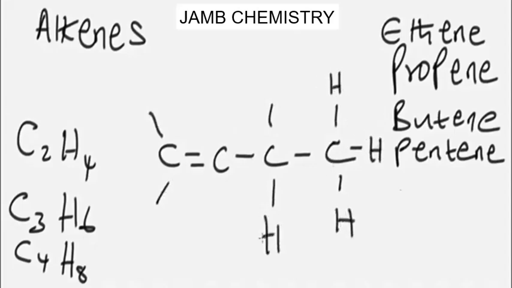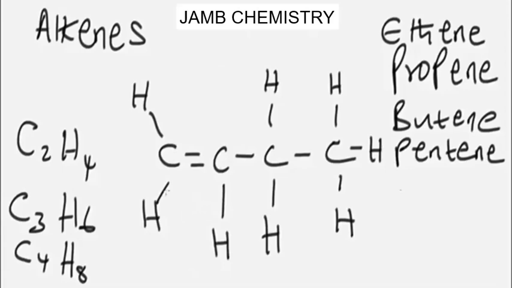Now the remaining hydrogen atoms, you can choose to put here down, or you can choose to put it up. Either way will work. So this will be the structure of butene.